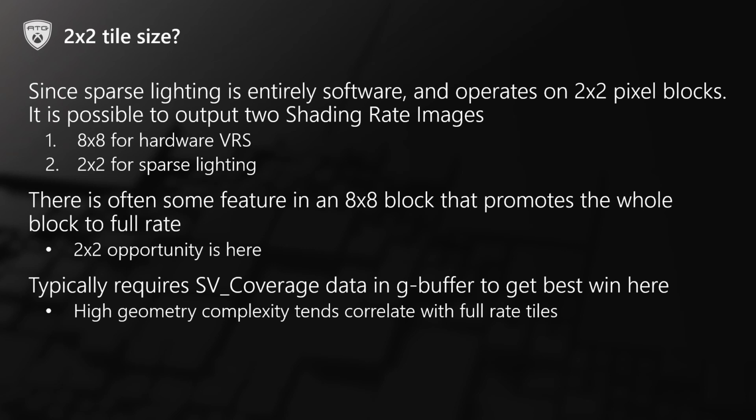We could use a smaller tile size for sparse lighting, as that's entirely a software technique. And there's often something within an 8x8 block, some feature that promotes the entire tile to high rate, whereas in fact the entire tile doesn't need to be at a high rate.